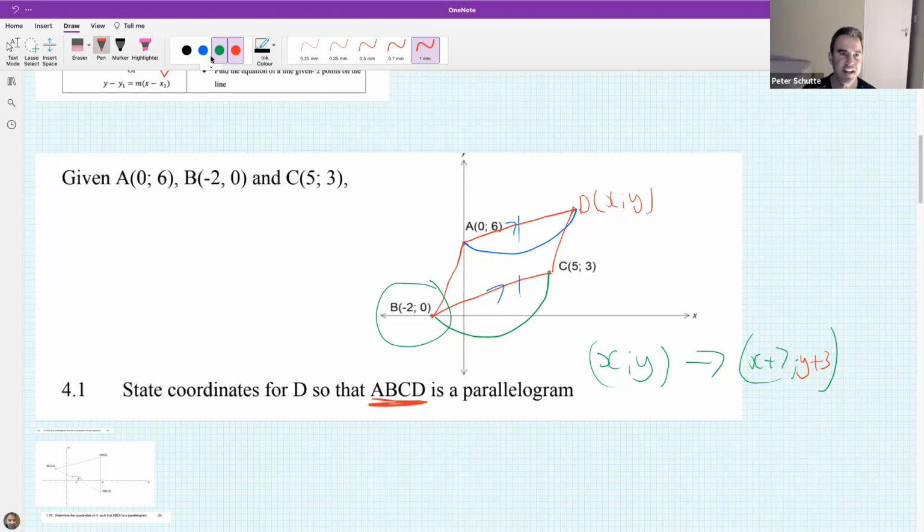I'm using this silly analogy, but basically I'm going to start at 0, 6, and go on the same journey. So if I add 7 to my X and add 3 to my Y, what point am I going to end up with?